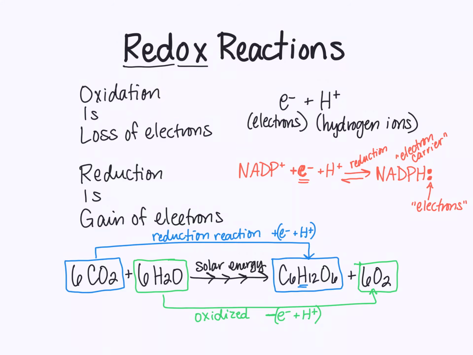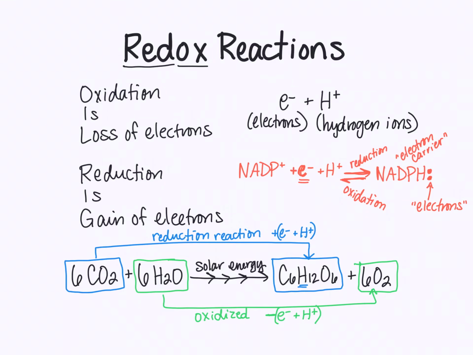So we can put an opposite arrow here because this reaction is reversible. And when NADPH gets to the molecule that it needs to give the electrons to, it becomes oxidized. So it goes through an oxidation reaction in order to lose those electrons to reform NADP+.